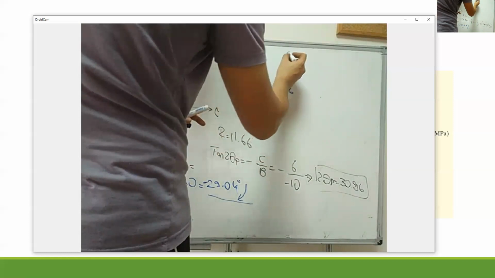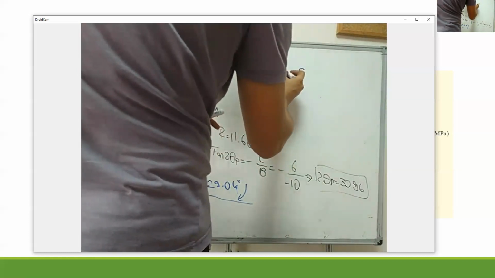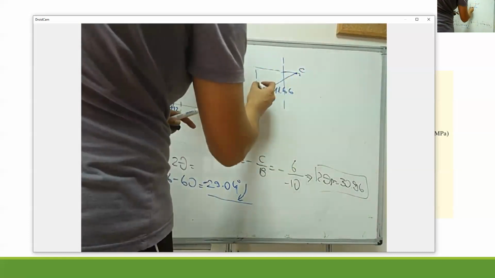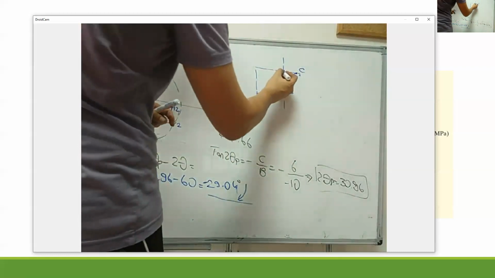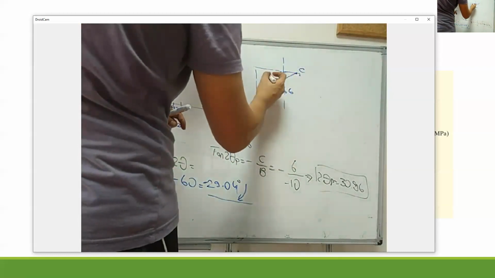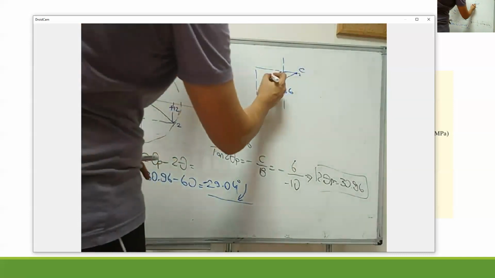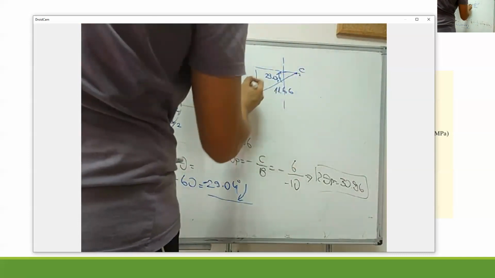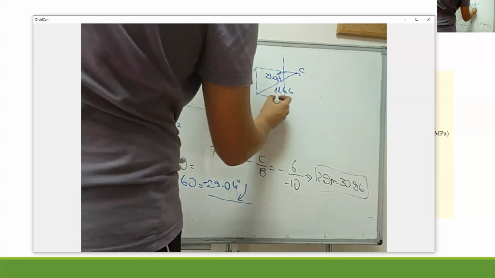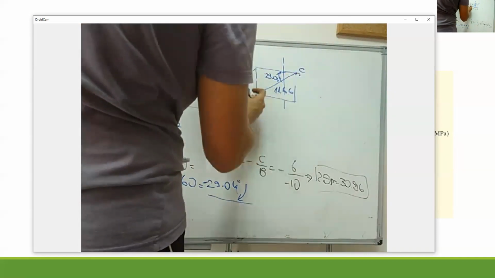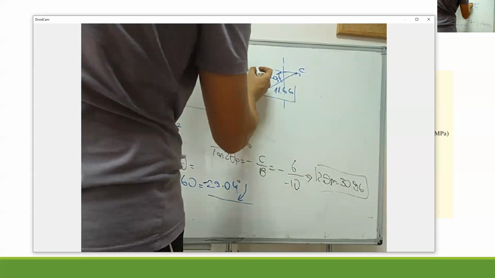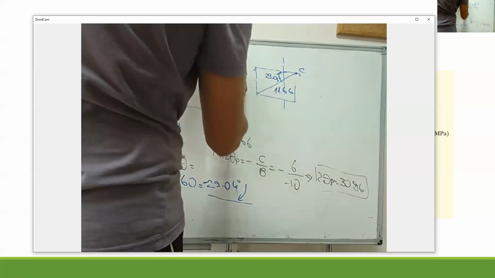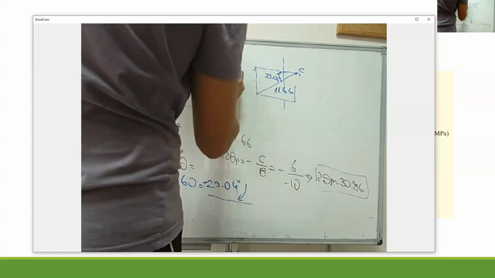This is 2. This angle goes in the reverse direction. This angle is 29.04 degrees. So I can measure this value and this value. I can show you, this is C prime.